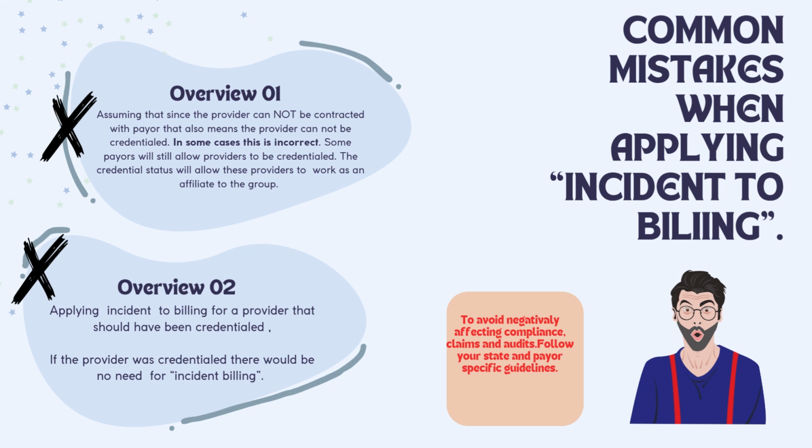In some cases, this is incorrect. Some payers will still allow providers to be credentialed. The credentialing status will allow these providers to work as an affiliation to the group. Applying incident-to billing for a provider that should have been credentialed can cause major setbacks. Be sure to follow your state and payer guidelines.